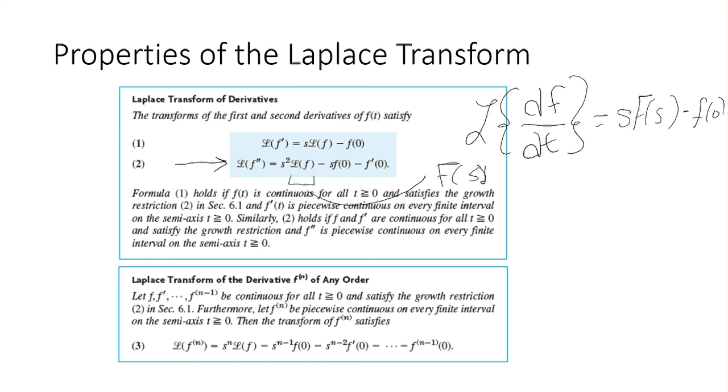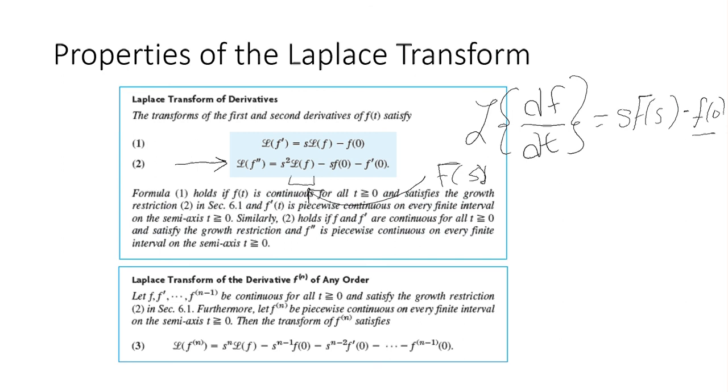This notation is interchangeable. It's multiplied by s squared, and we subtract the initial condition: s times the initial condition of that function at 0, minus the initial condition of the first derivative at 0.